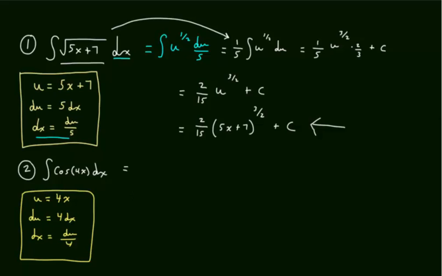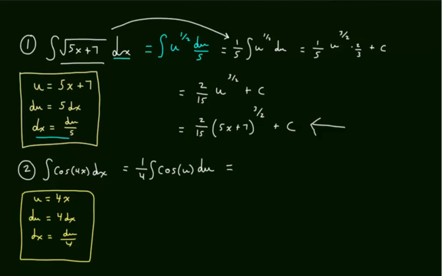Now this time, instead of writing the blue part, I'm going to skip over it and automatically pull out a constant. So can you see what constant gets pulled out? Can you see that a 1/4 gets pulled out times the integral of cosine of u du? So we have successfully transformed from x to u.